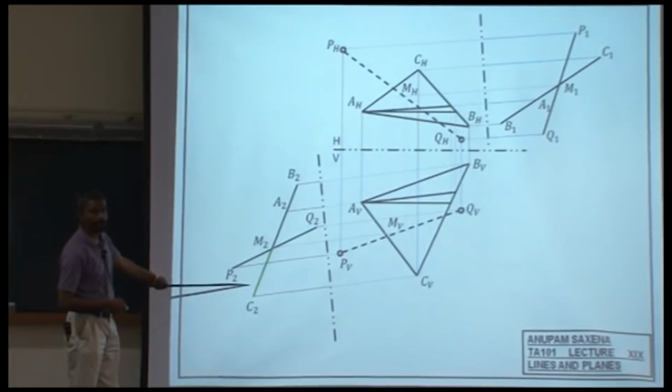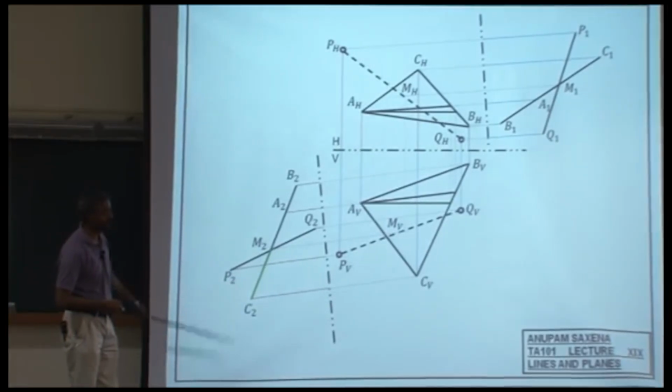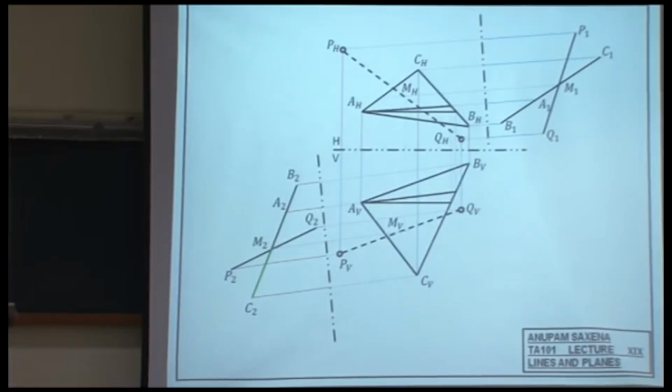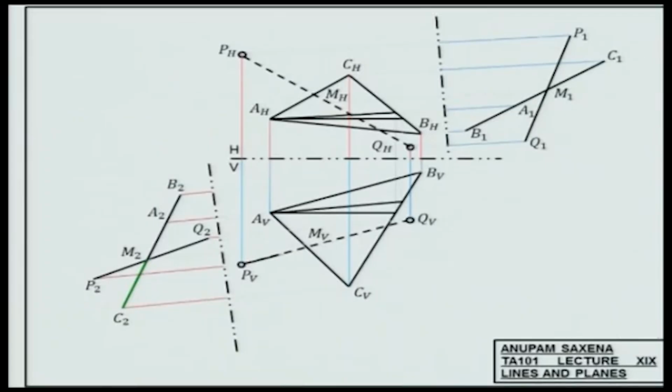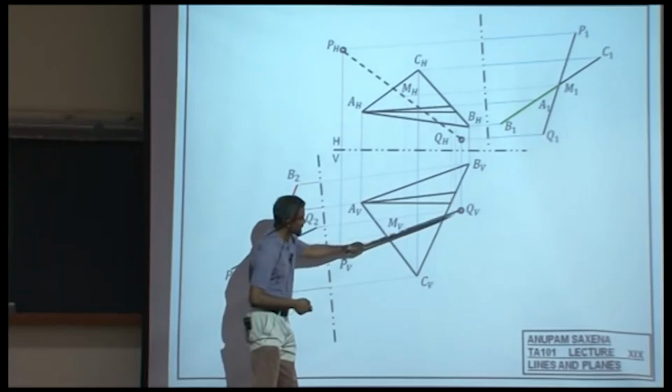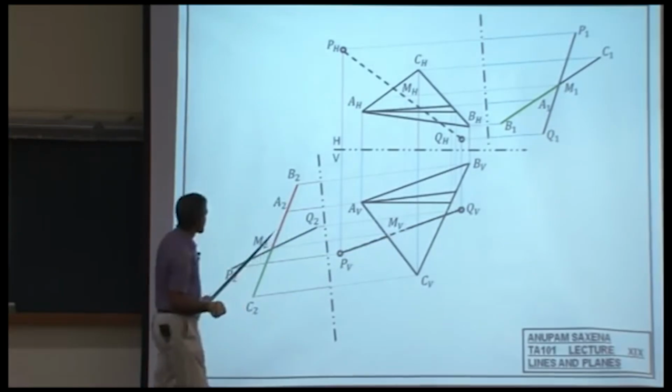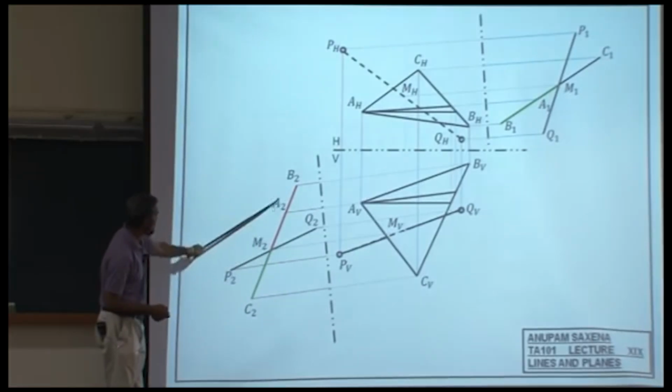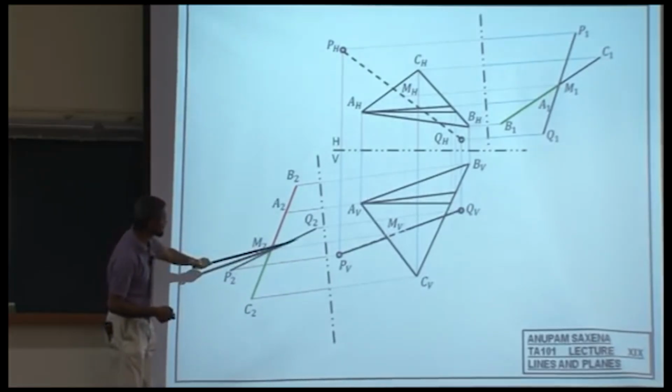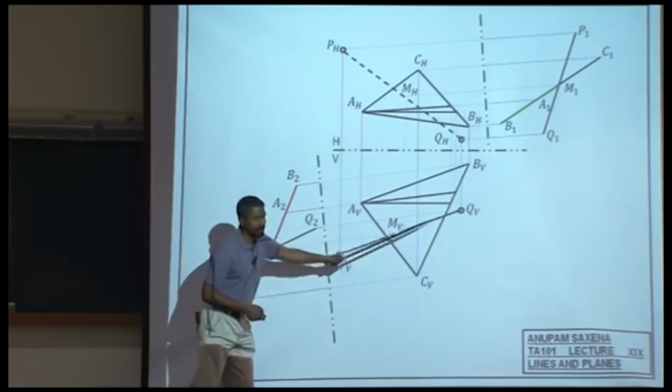Here, the plane is closer to the hinged line. So, that part of the line will be hidden. The rest, corresponding to this part of the plane which is behind the line, that part is going to be solid.